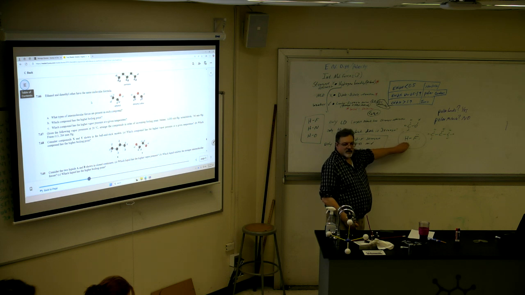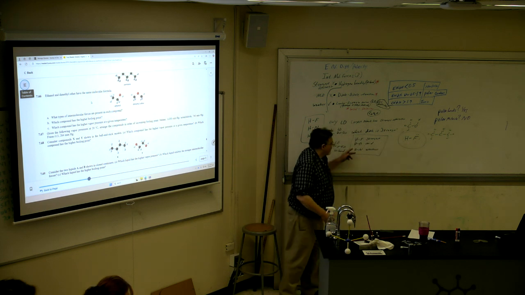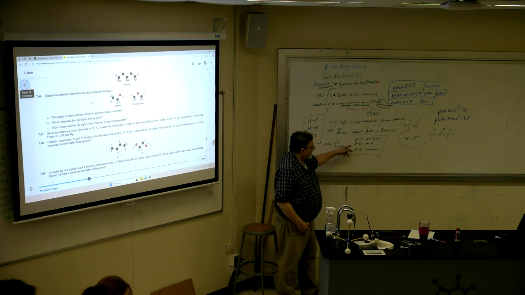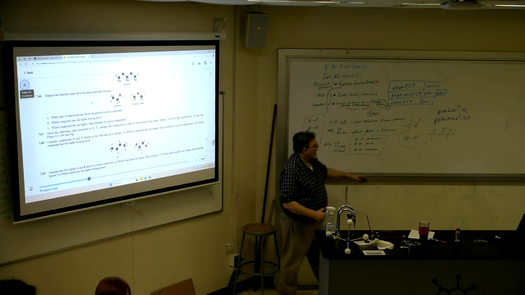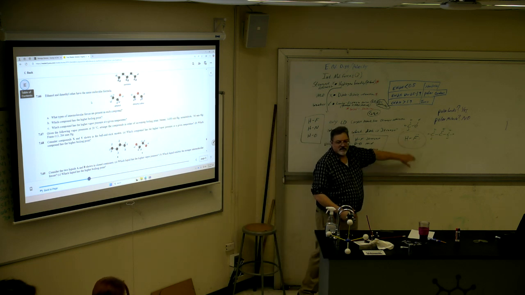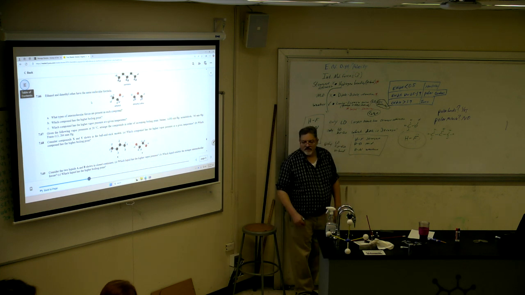There's nothing else you can do, it's that one little thing. But you can get many varied different situations with oxygen and hydrogen and nitrogen and hydrogen. They can show up in large molecules, small molecules, but if you got H to F, it's only ever going to be this. So it doesn't come up as much.